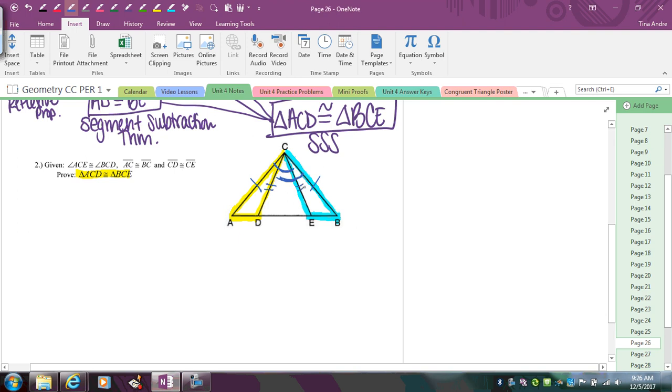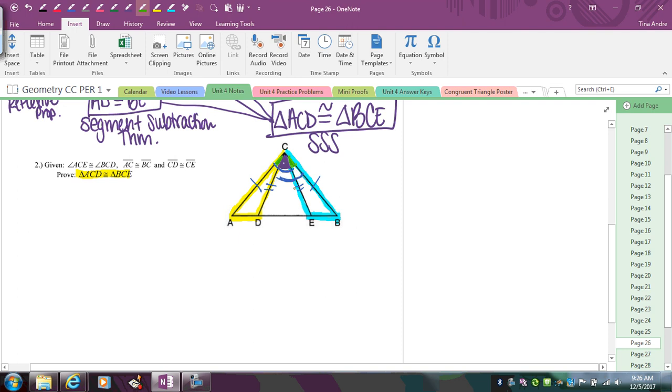So now I'm looking at this and I'm thinking side angle side, because I have two sides and I have these angles up top here. But I can't jump into saying side angle side yet because I don't know that this part is congruent to this part over here. So what I need to do is show that because these whole angles are congruent and I have this shared piece right here, I could subtract that purple piece off, and then I would be left with this piece right here, and that being congruent.